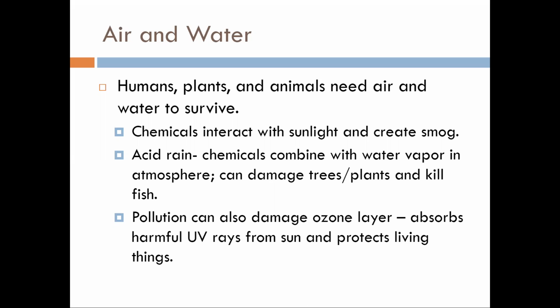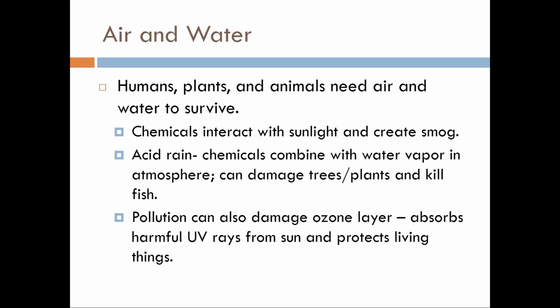But chemicals interact with sunlight and create smog. How do you think smog is going to affect our air and water? Negatively or positively? Yeah, negatively. So we get acid rain.